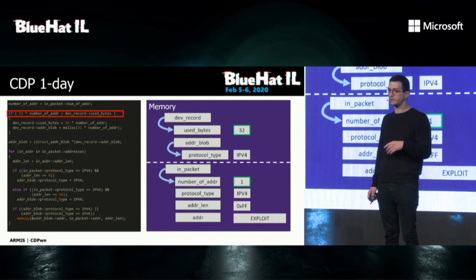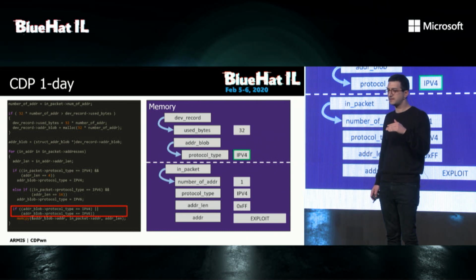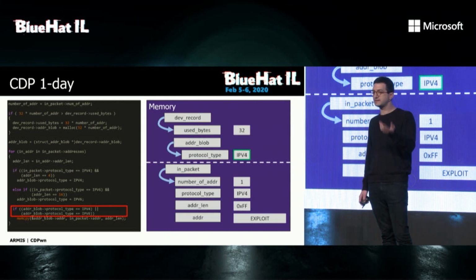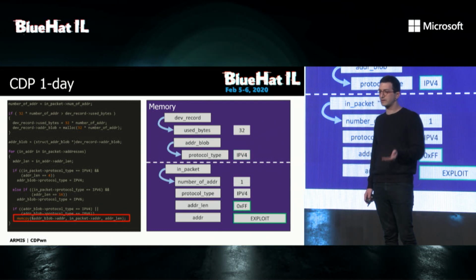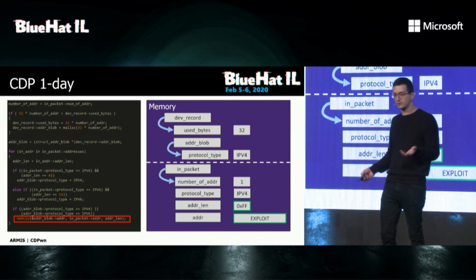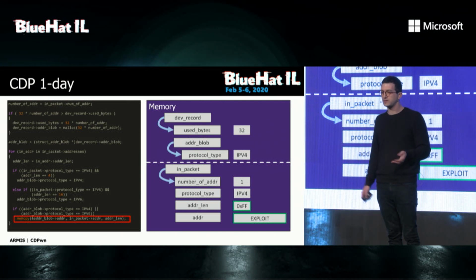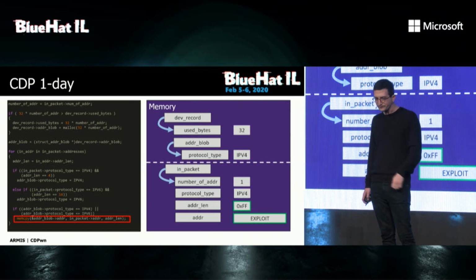So the address blob will be reused, and we won't enter any of these ifs, but the protocol type being set in the previous one would already be IPv4, and then the memcpy will occur. So this is a heap overflow with attacker control data. Sounds pretty exploitable, and an attacker can also trigger this multiple times.